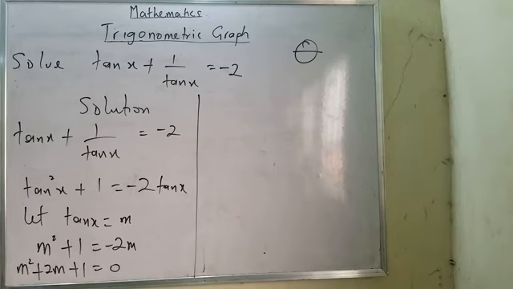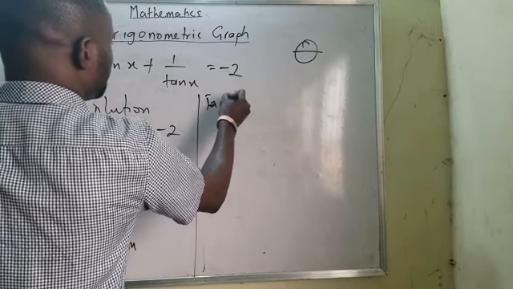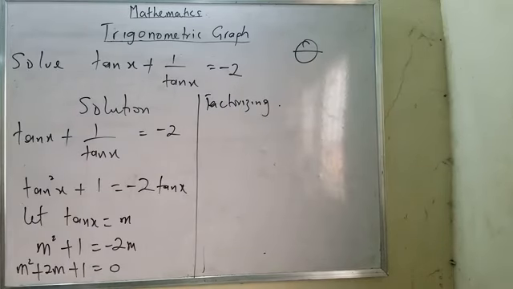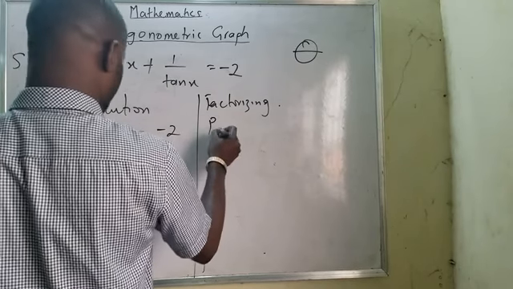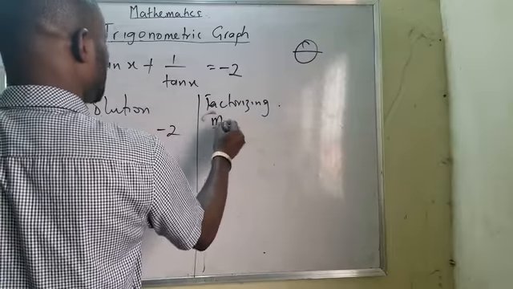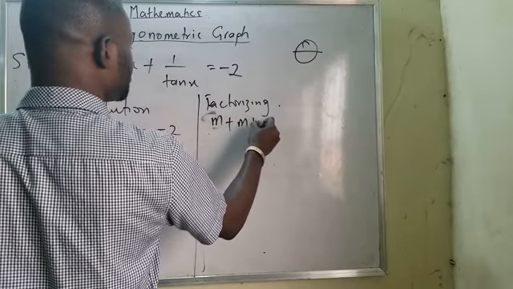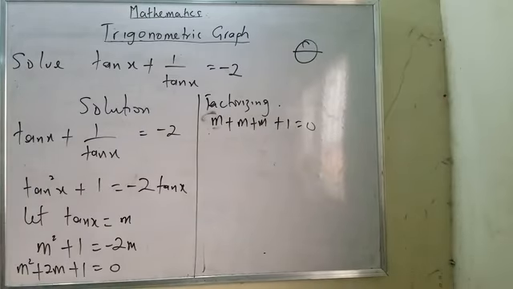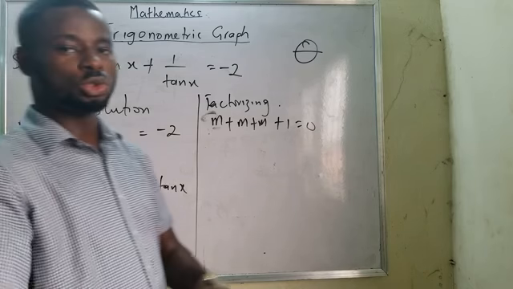What I will do next is factorize this equation. Factorizing, I'm talking about m plus 1, m plus 1 equals 0. If you don't understand the factorization method, please make sure you go to our video.